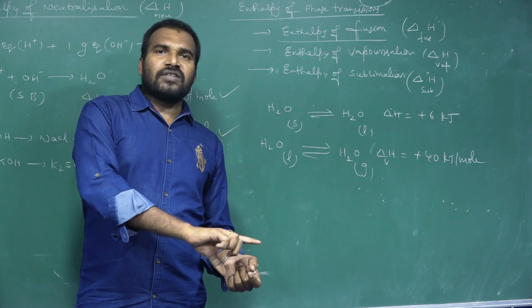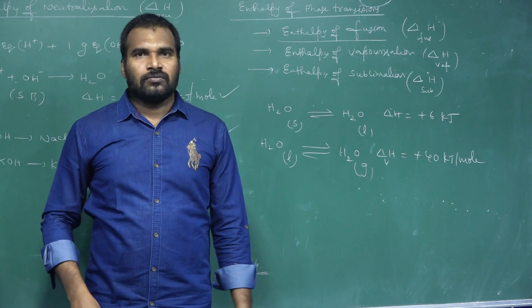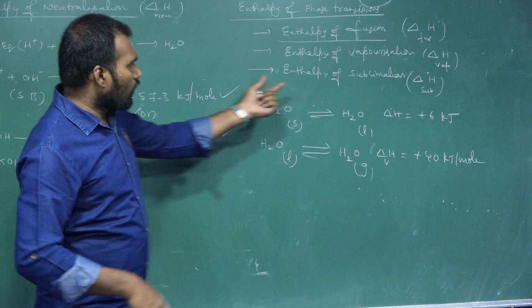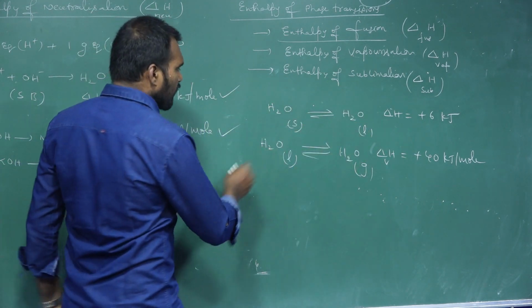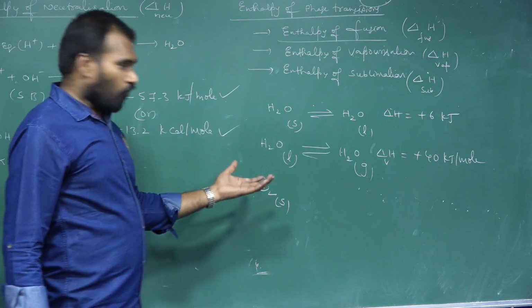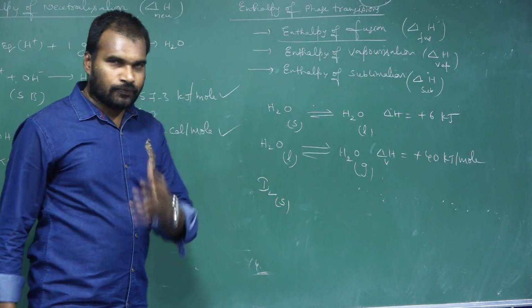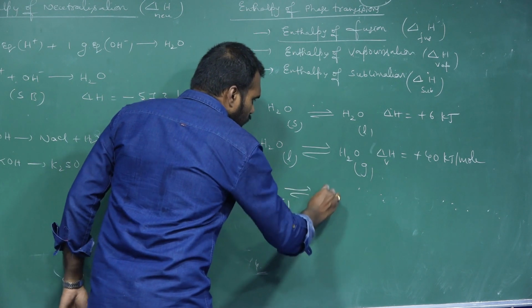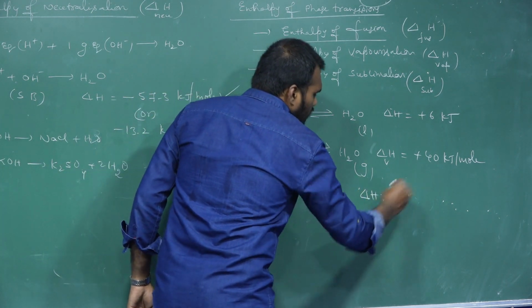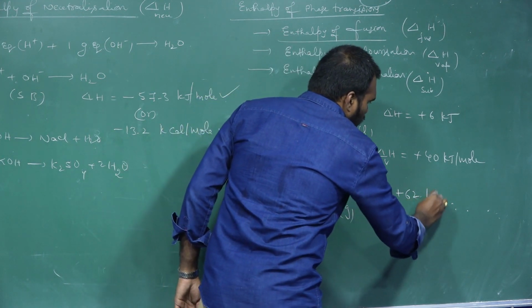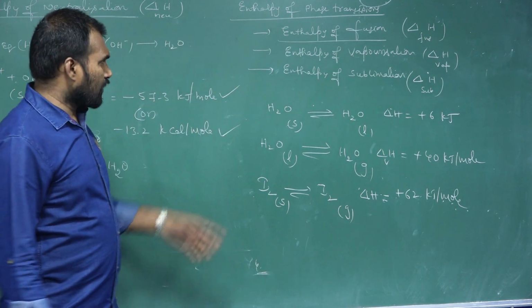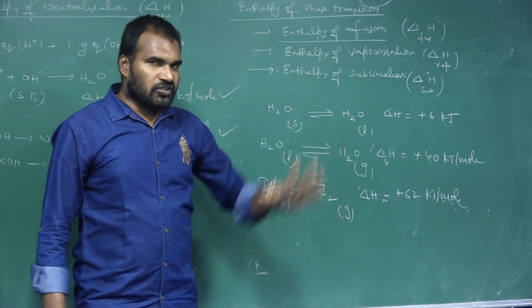So when 1 mole of solid directly converts into vapors, whatever the change in enthalpy, we call it enthalpy of sublimation. Here I am taking iodine. Violet solid iodine directly converts into iodine vapors, and its del H value is nearly 62 kilojoule per mole. So these are the enthalpies of phase transitions.